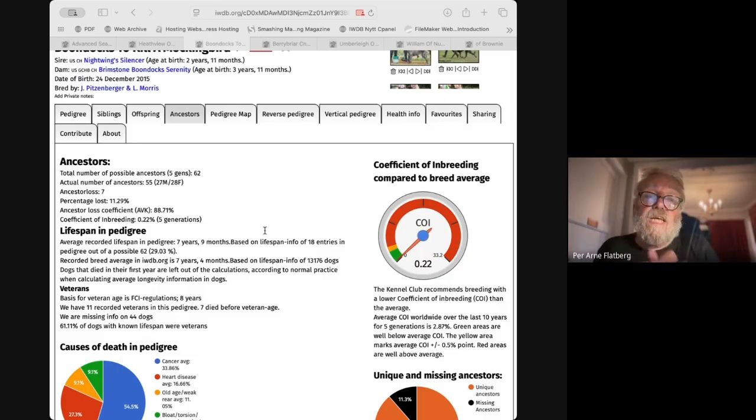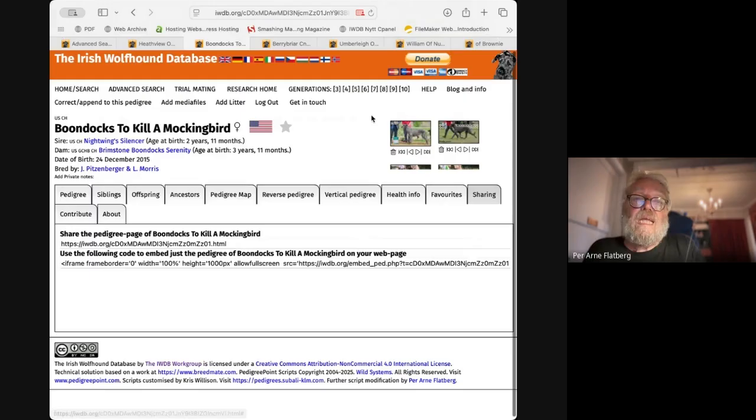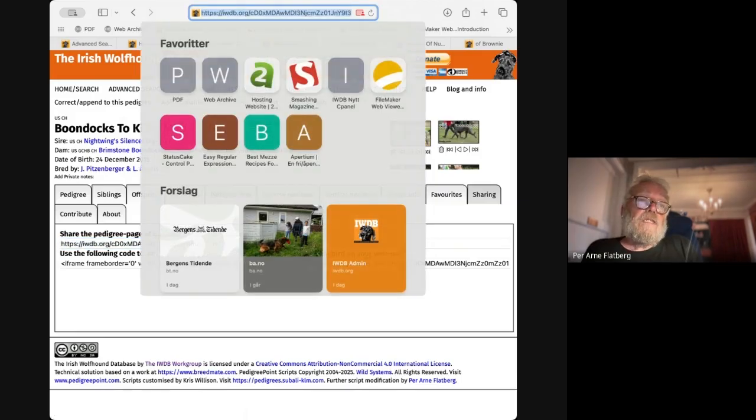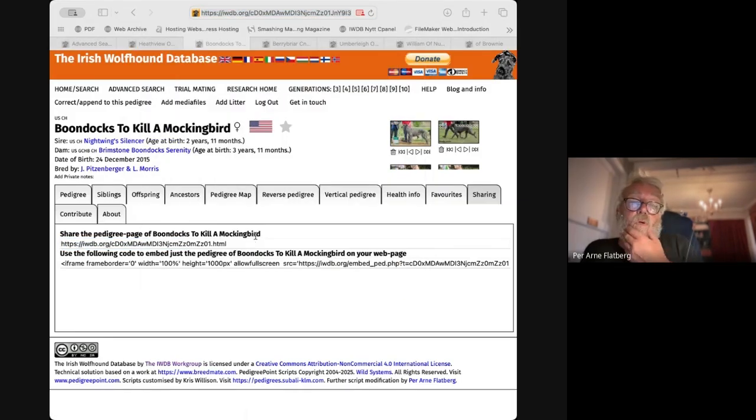From Jocelyn: when you save a trial mating or advanced search, is that available to everyone or just the originator? The trial mating is available to others if you share it. You can always just use the sharing part here and share this URL, or just share the address from here, and it's available to everybody else who sees that address.